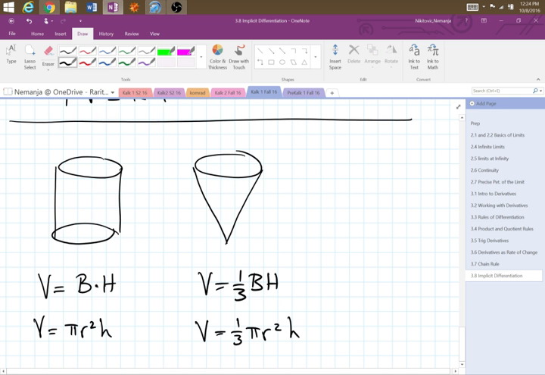Cool, right? Now the water in the cone: what's happening? Radius is changing and height is changing, right? So when you take the derivative here, it's going to be the derivative of h only, but over here it's r and h reciprocal.